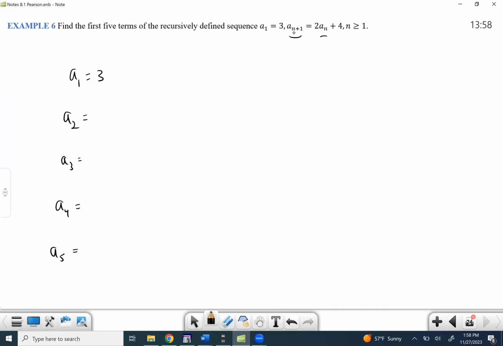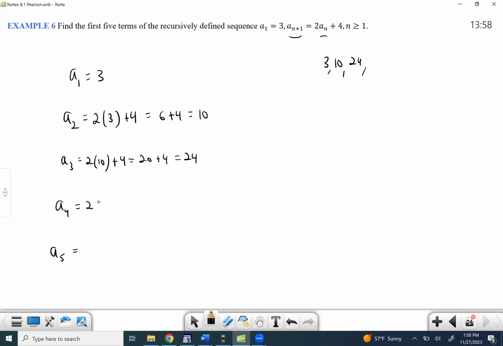So in other words, on this one, it's going to be 2 times the one before it plus 4. So 6 + 4. The second term is 10. So on our list, we got 3, we got 10. Well, now for a sub 3, it's 2 times the one before, which was 10. So this is going to be 20 + 4. We got 24.